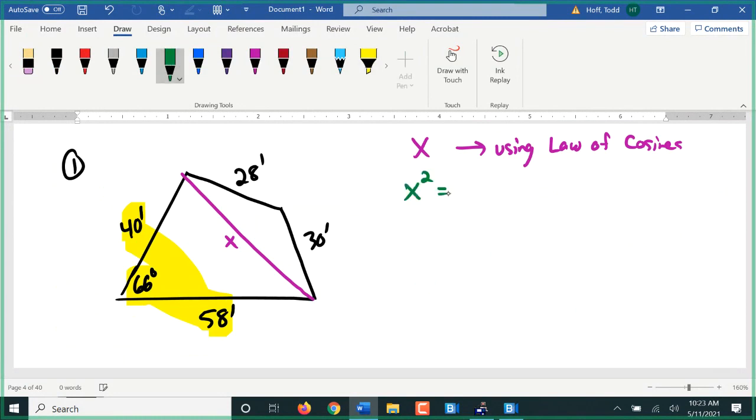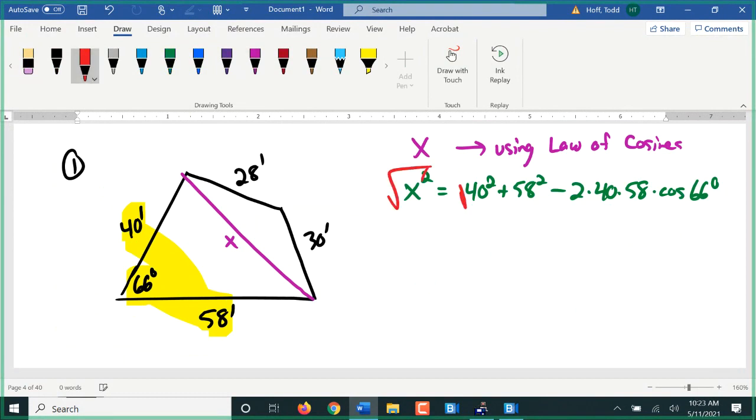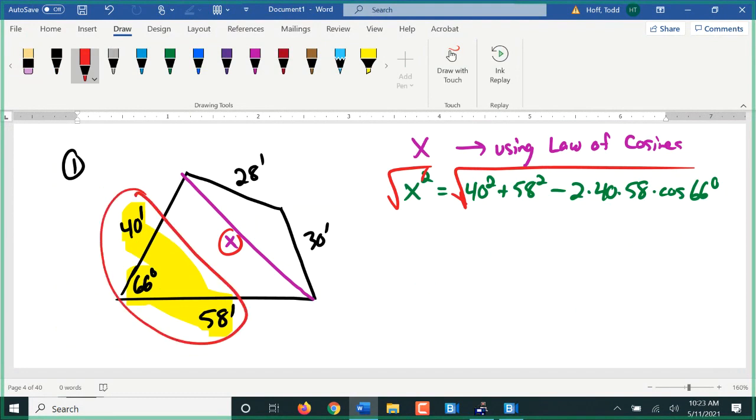X squared is simply going to be 40 squared plus 58 squared minus 2 times 40 times 58 times the cosine of 66 degrees. And remember, to get X, you've got to come back and square root that. Once you have X, you can find the area of this triangle here.